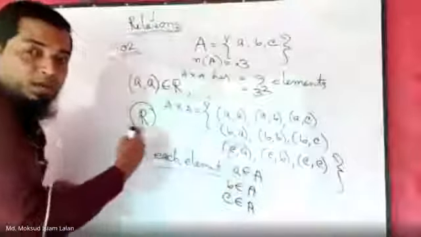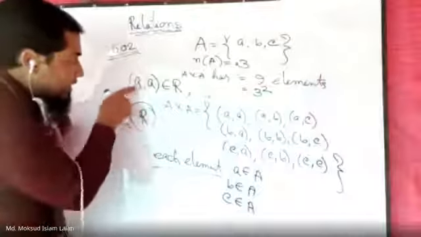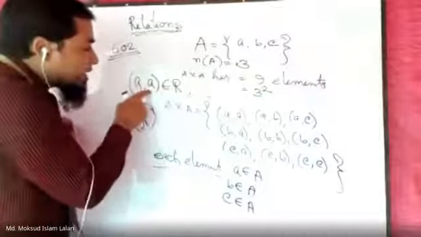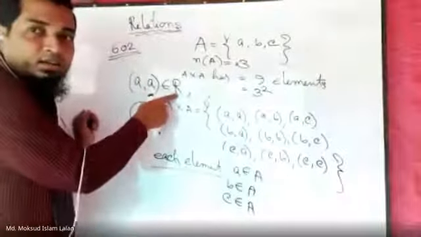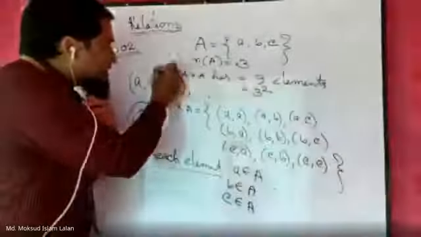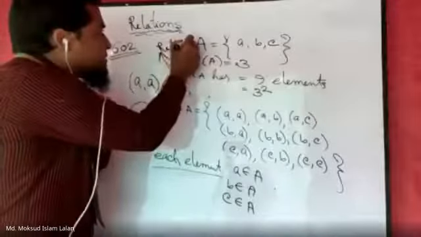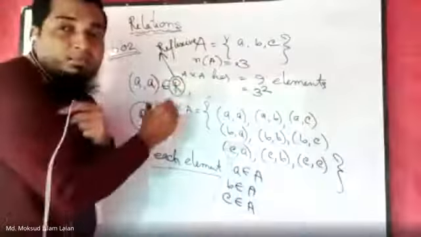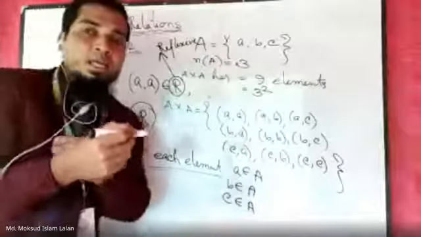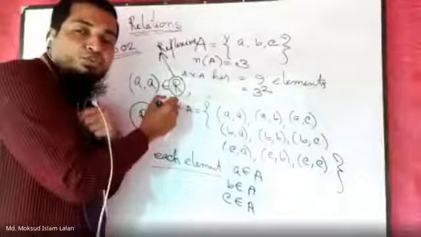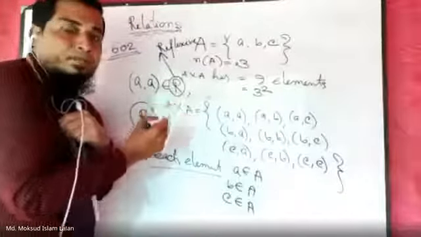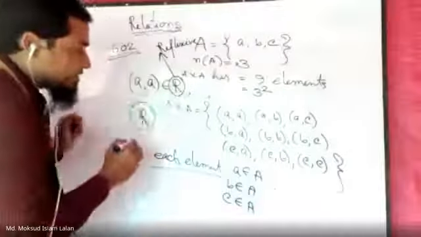Now coming to the pair. What is the definition? (a, a) belongs in R, right? So you are going to define whether this relation is reflexive or not. This R is said to be reflexive if this R is something like this.